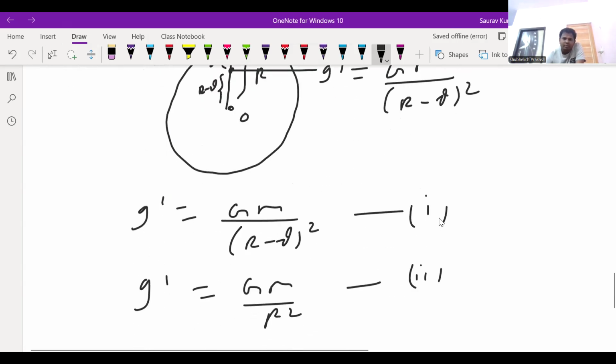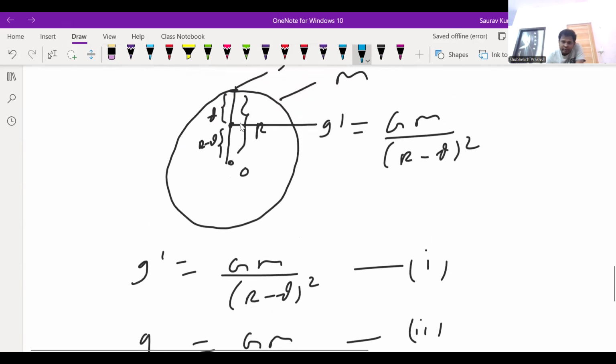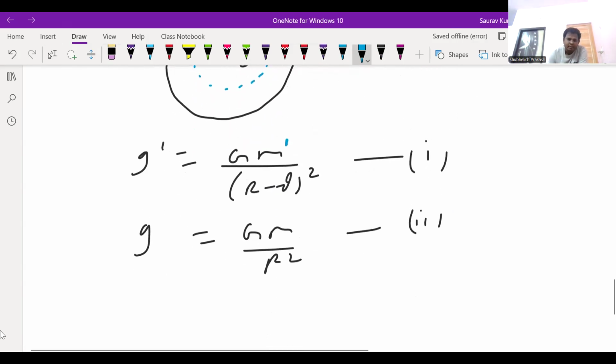Here only this inner part of the mass will attract the body toward the center. So here we have to put M dash. Now we are going to find M dash.